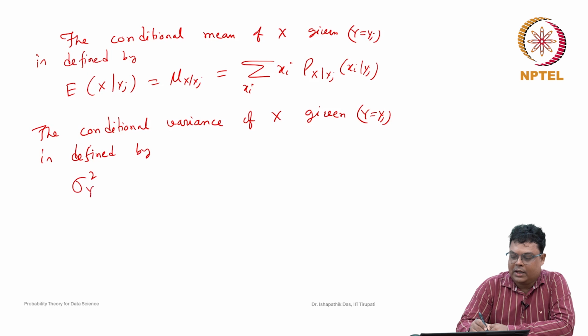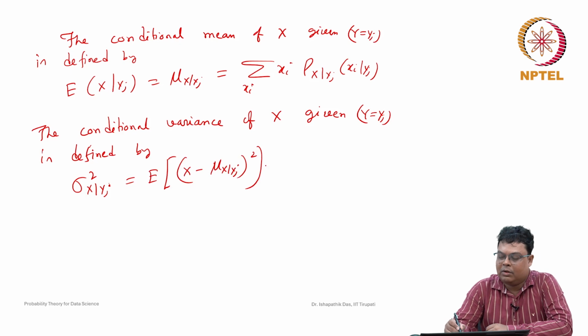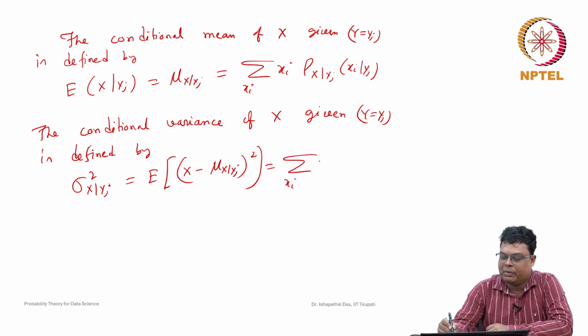Here we are taking the conditional mean of x given yj, so it will be the conditional variance of x given yj. This is defined by the expected value of x minus mu of x given yj, whole square, and we can write it in summation form: the sum over all the possible values of xi, xi minus mu x given yj, whole square, into the conditional probability mass function x given y, xi given yj.